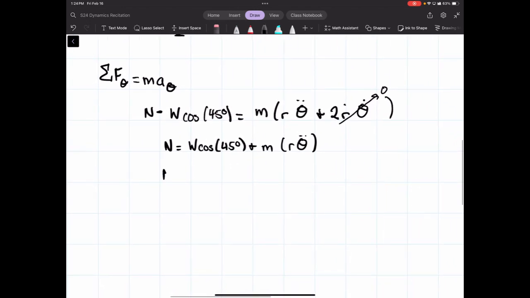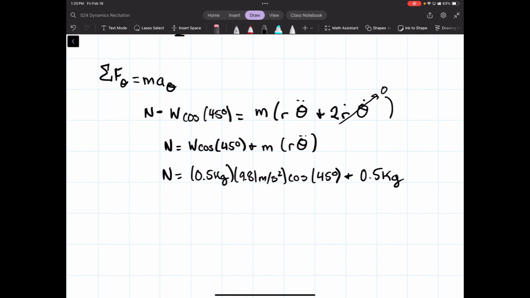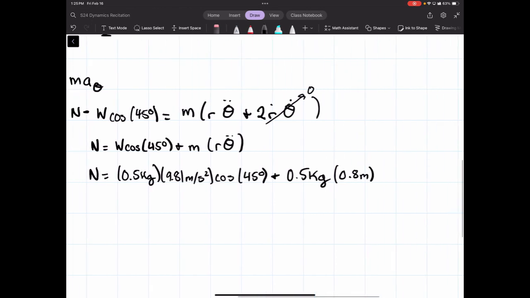So our normal force equals 0.5 kilograms times 9.81 meters per second squared times the cosine of 45 degrees, plus 0.5 kg, and then our r is 0.8 meters, and our theta double dot is 10 radians per second squared.